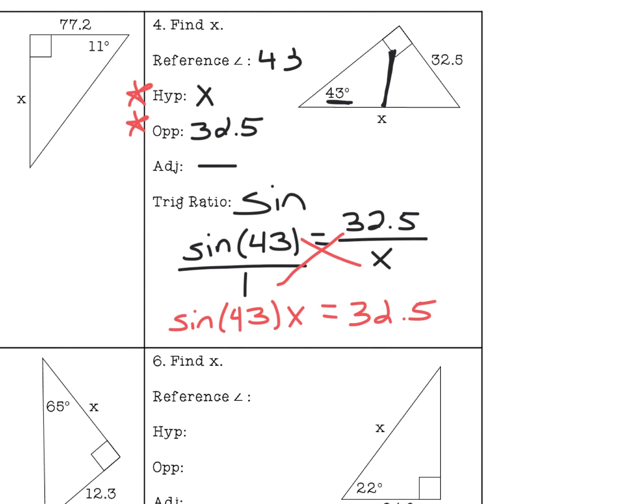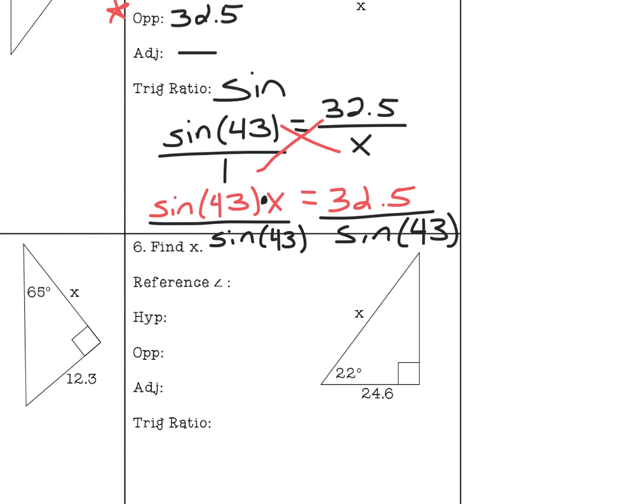Is it adding, subtracting, multiplying, or dividing right now? It's multiplying right now, so how do we get rid of it? Divide. So we're going to divide by sine of 43 on both sides. Instead of multiplying this time, you're going to divide. Would it be 47.66? 47.65.